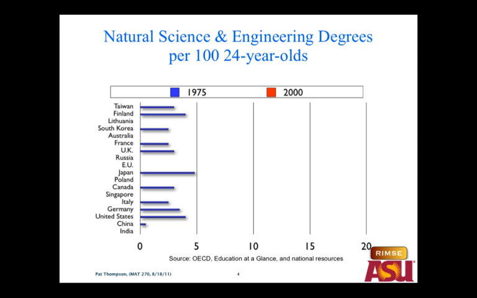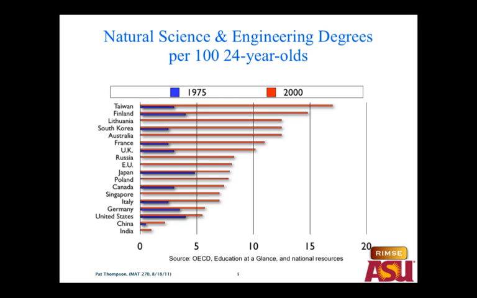So how's the United States doing in 1975? Pretty good. Okay, we have lots of STEM majors and people pursuing careers in science, technology, engineering. What about in 2000? What was it like?